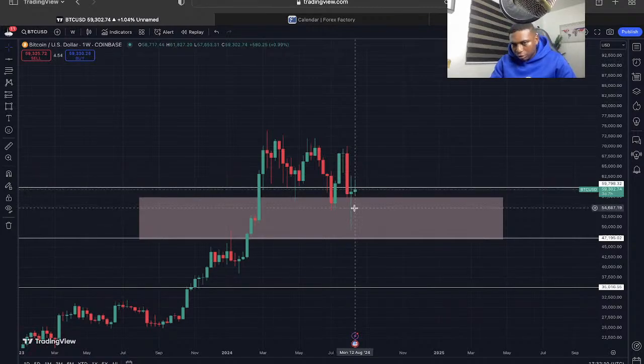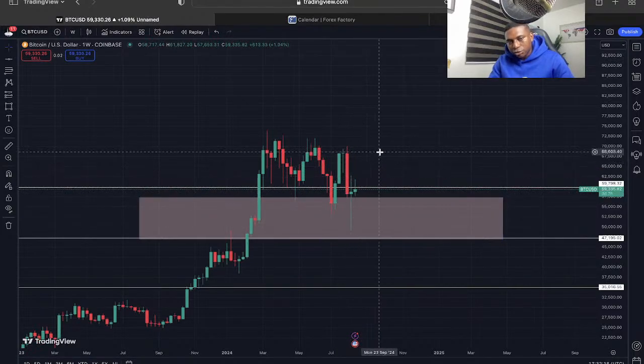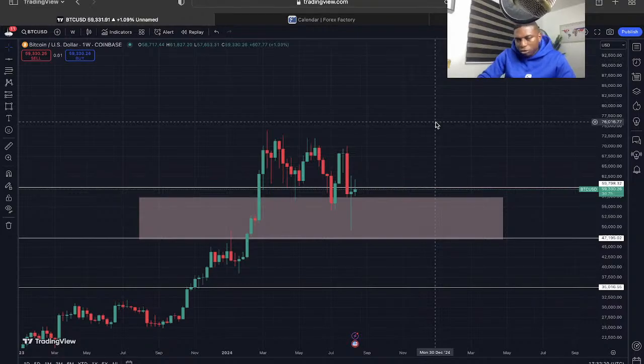A resistance zone. And that is why BTC has been finding it quite difficult to break through this resistance zone and go on its normal journey, as everyone would love to see it, at 70, at 100 and the likes.